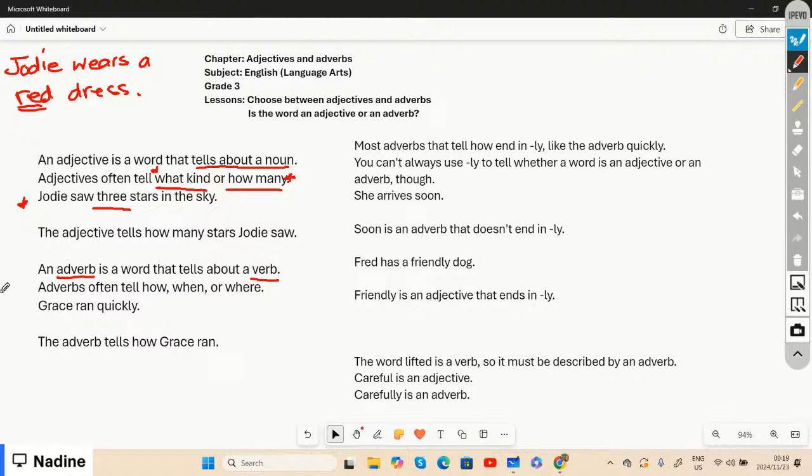And adverbs often tell you how, they tell you when, they tell you where. So adjectives tell us about the noun, whereas an adverb is a word that tells us about a verb. And adverbs often tell us how something is being done, when something is being done, or where it is being done.